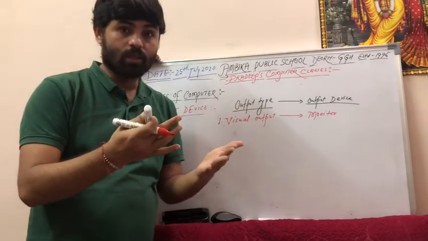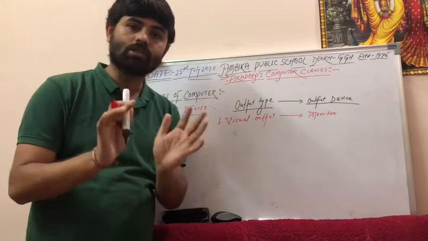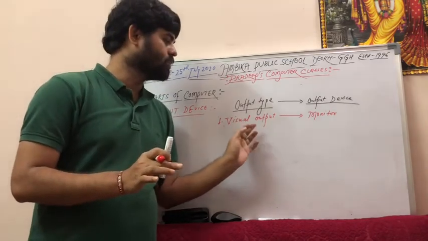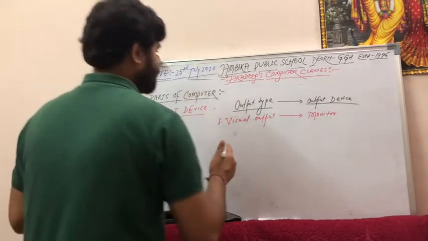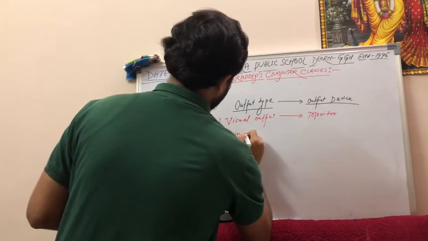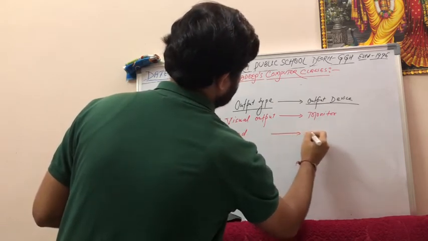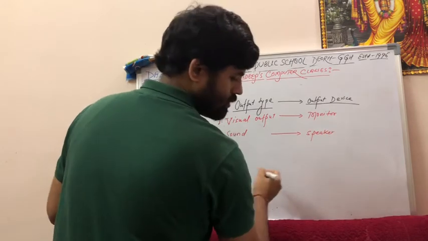Visualize, seeing with open eyes. That means you need a monitor. On the monitor only you can see the things. So for the visual output, what device do you need? Monitor. The sound output you wanted as a sound, right? What do you need? Speaker, right?